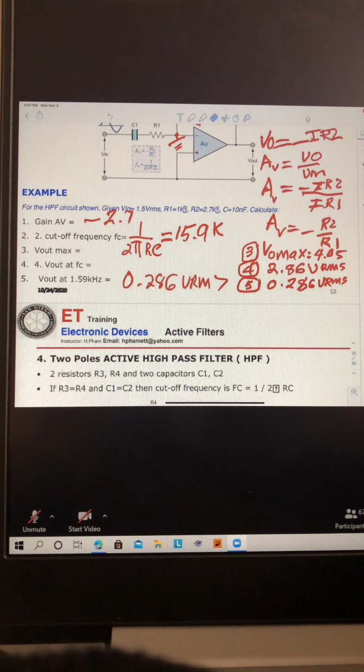It should be 0.405, exactly. All right, thank you. 0.405. That means you take 0.1 times 4.05.